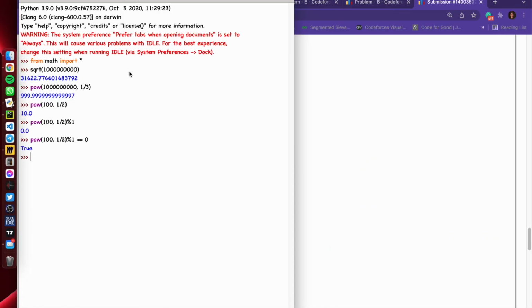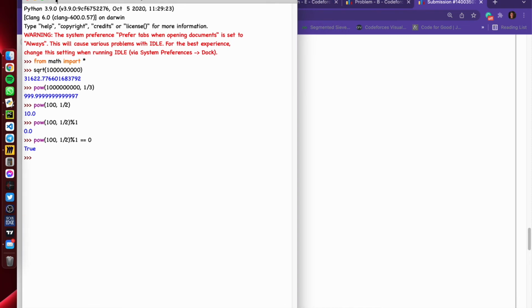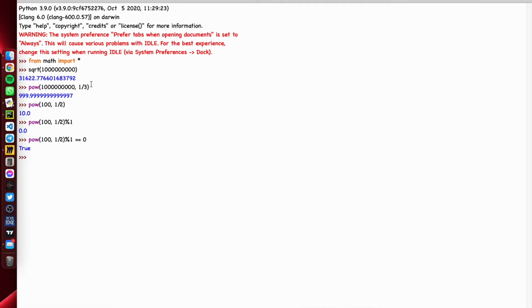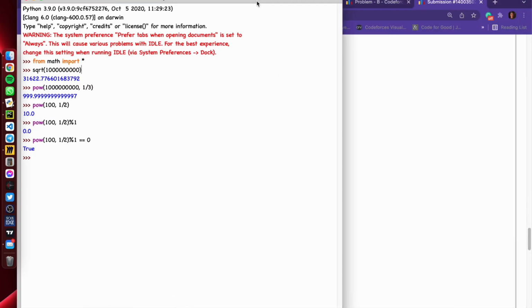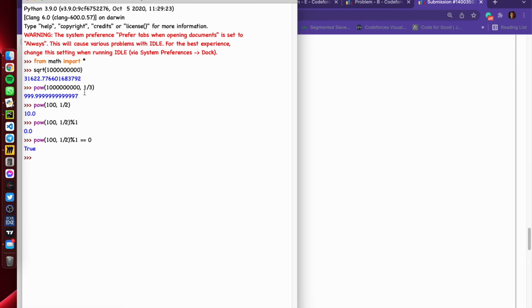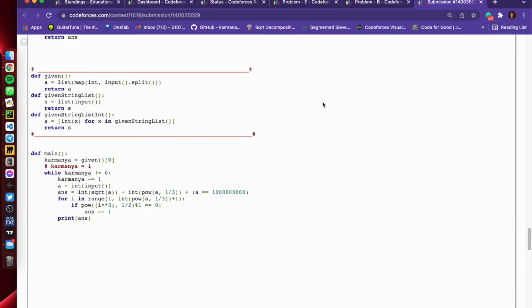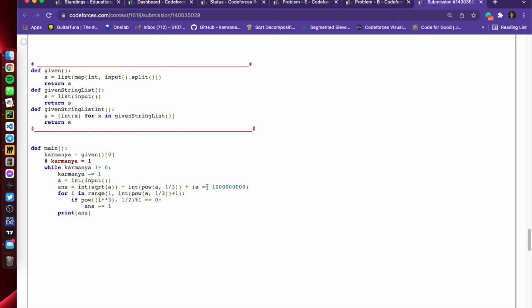It's the Python IDLE, where you can directly execute single statements. When I did the cube root of 10 power 9, it was giving me 999 instead of 1000, so I was getting one less in my answer. So I just added this case: if this is equal to 10 power 9, then 1 will be added to the answer.